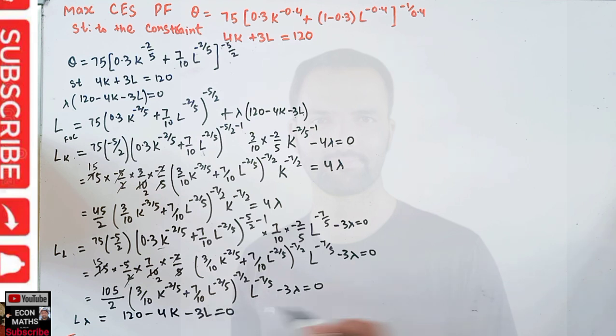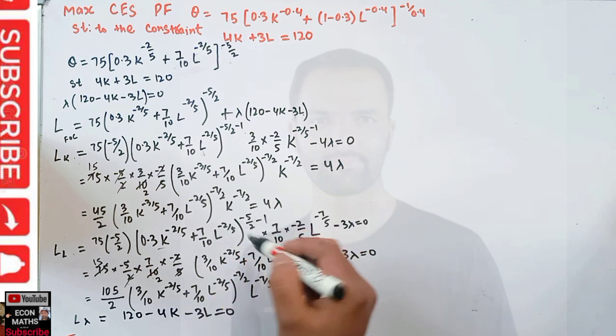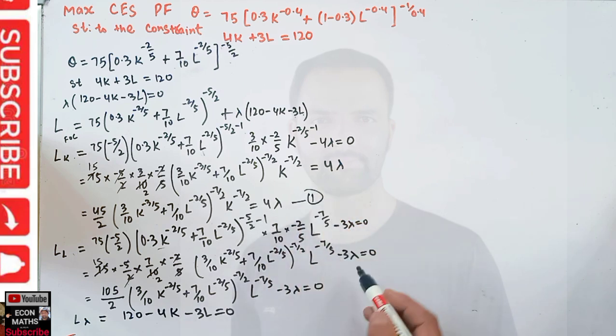Okay, let this be equation first, let this be equation second. So let me transpose it here, is equal to 3 lambda. Let it be equation second and let this be equation third.